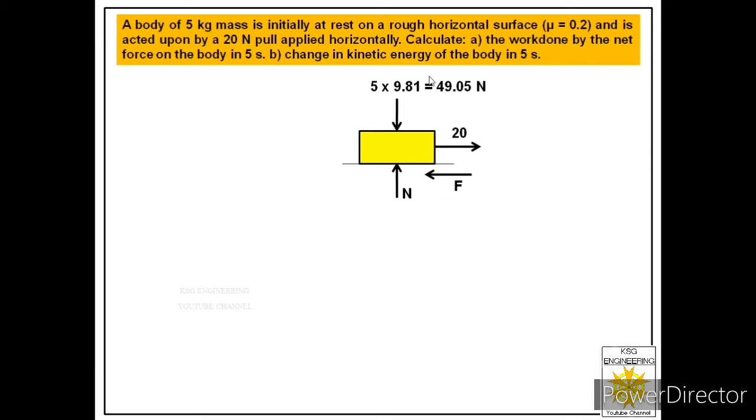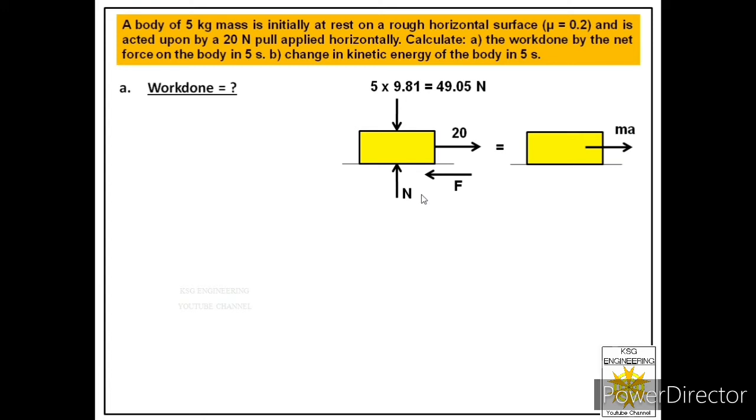This pull is responsible for the motion of the block in the x direction, so we can say summation Fx is equal to ma and summation Fy is equal to 0, because the block is not moving along the y direction. We have to find the work done in the A part. To find this, we will apply the work energy principle, where work done is equal to final kinetic energy of the system minus initial kinetic energy of the system.